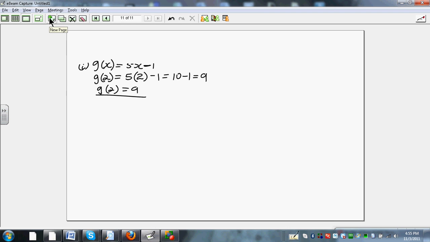For part 2, we will ask to find g to the minus 1 of 0. But to find g to the minus 1 of 0, we have to find g to the minus 1 of x, which is the inverse function, first, and then substitute 0 into it.